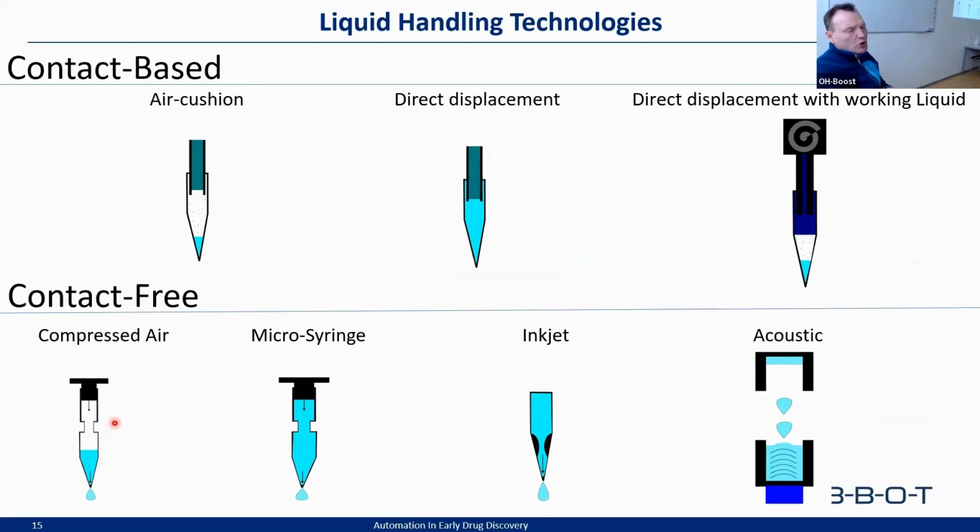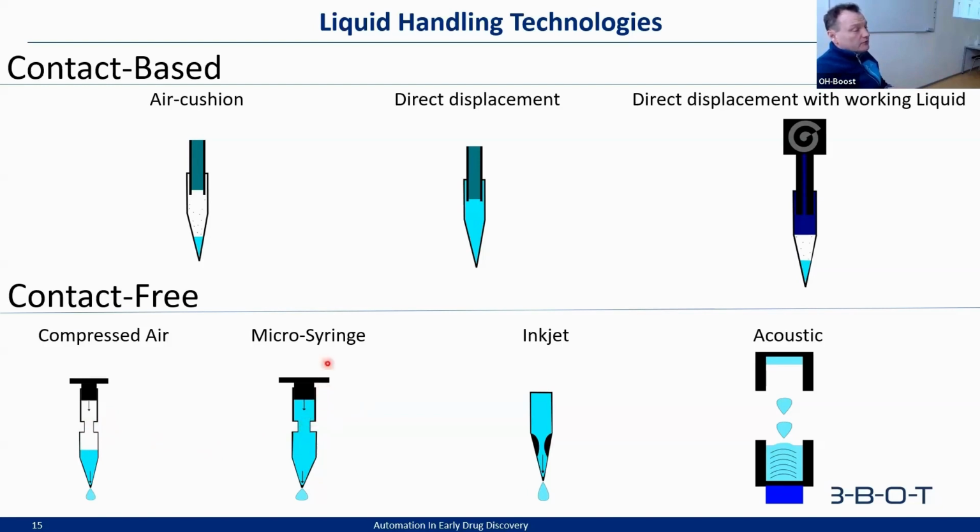There's a company called Pico, and they built a device where you have small, let's say, small Eppendorfs with a hole at the bottom, and they shoot out nanodroplets from this device. Microsyringe, also 20 or 30 years old, I would say.